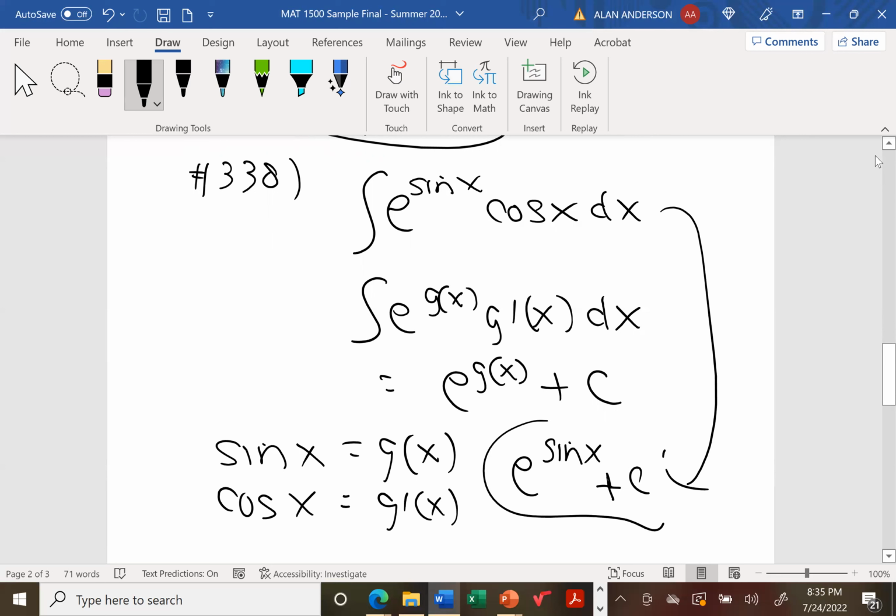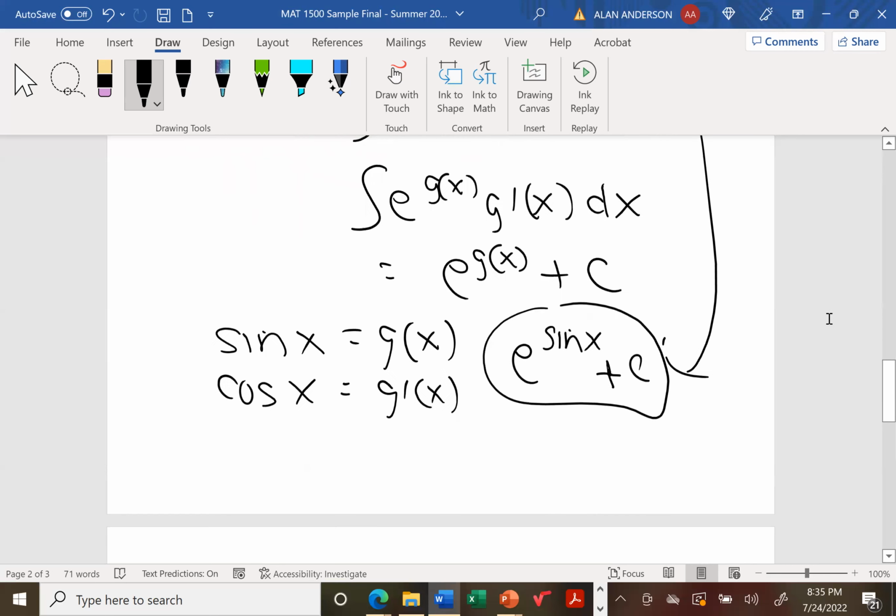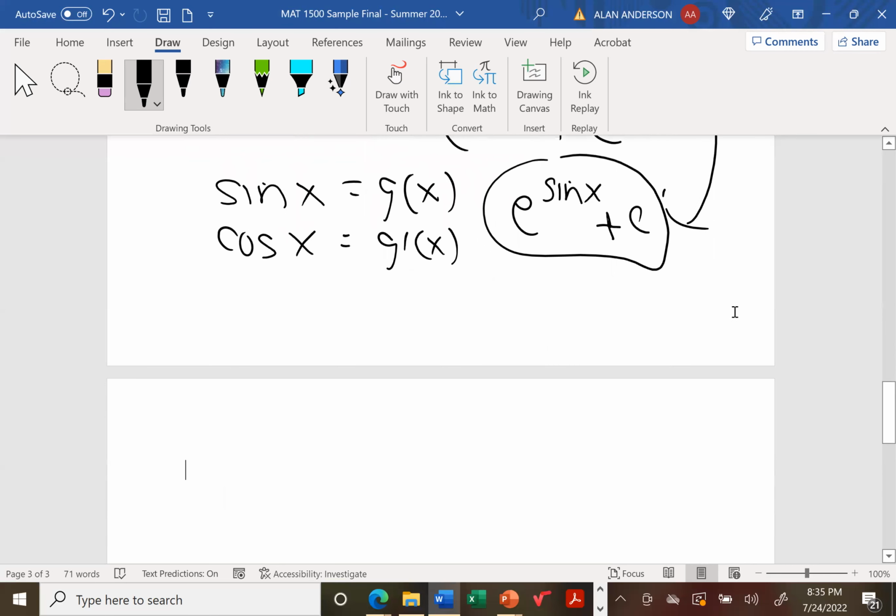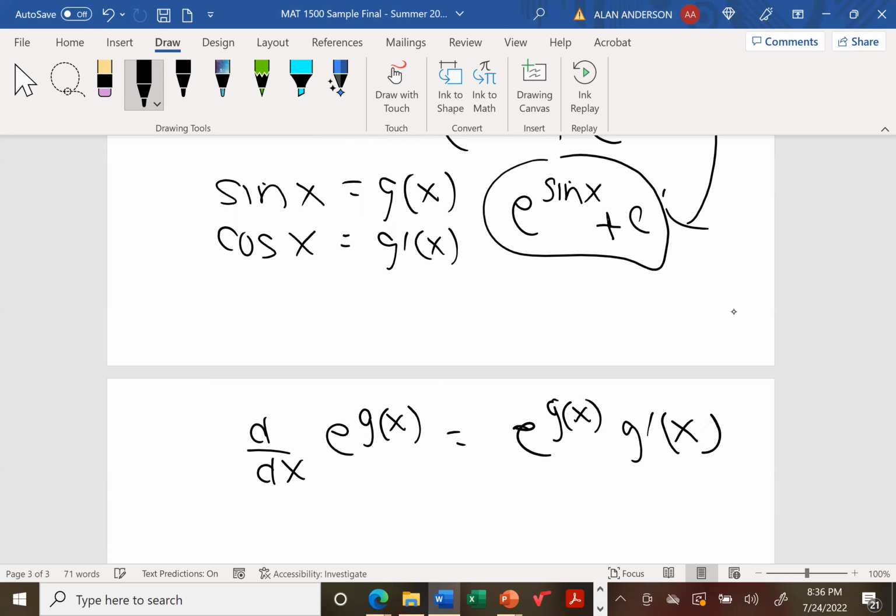Again, if you're not sure, whenever you integrate, you can always double check. You say, well, wait a minute, I'm not so sure about this. Remember, the way this works is that the derivative of e to the g of x is e to the g of x times g prime of x.